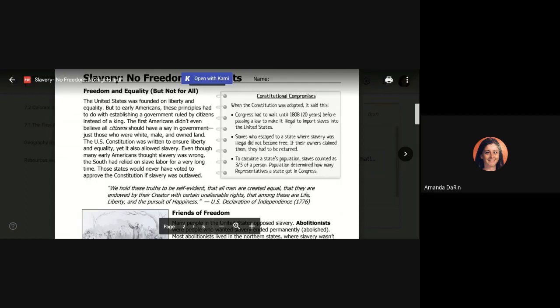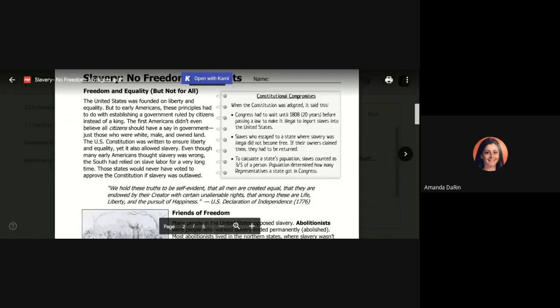So if you look over here to the right, here's a refresh of some of those constitutional compromises. When the Constitution was adopted, it said this. First bullet, Congress had to wait until 1808, 20 years, before passing a law to make it illegal to import slaves into the United States.